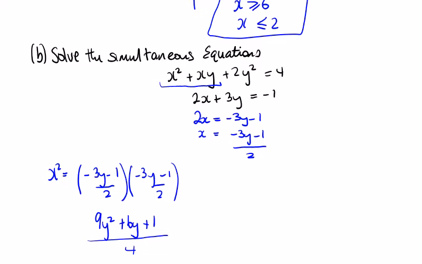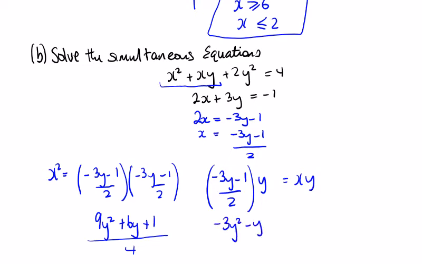So x times y is minus 3y minus 1 over 2, all times y. We get on top minus 3y squared minus y, and on the bottom just 2. So that's xy. We have x squared, and actually we can have it in order here. x squared is this one, plus xy, plus 2y squared equals 4.